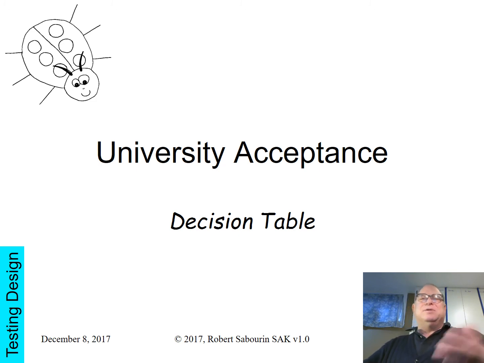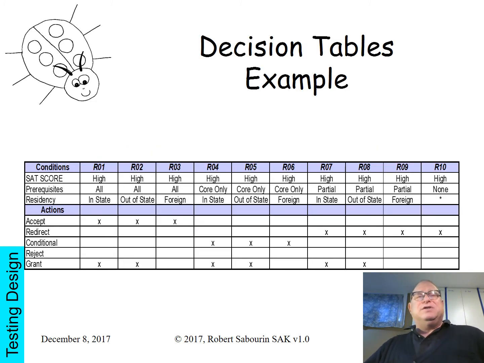Building an example, this is for a university acceptance application. The conditions are your standardized score, academic prerequisites, and where you live. The possible actions are: we accept your application, we redirect you to a different program, we give you a conditional acceptance, we reject you outright, or we offer you a grant. You'll see that the table is filled in and reduced.